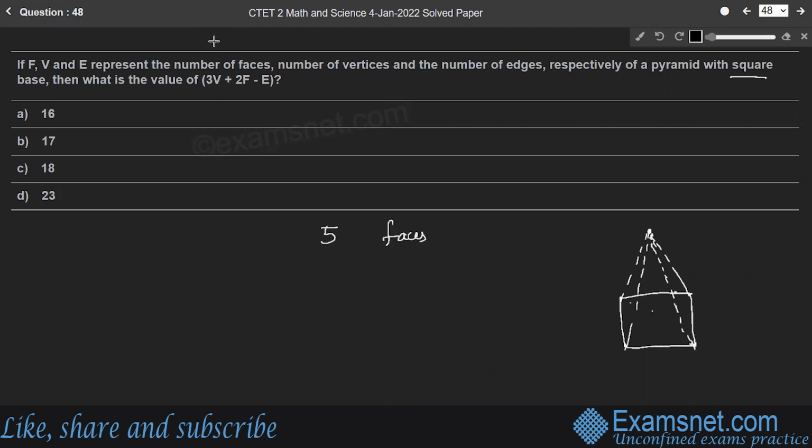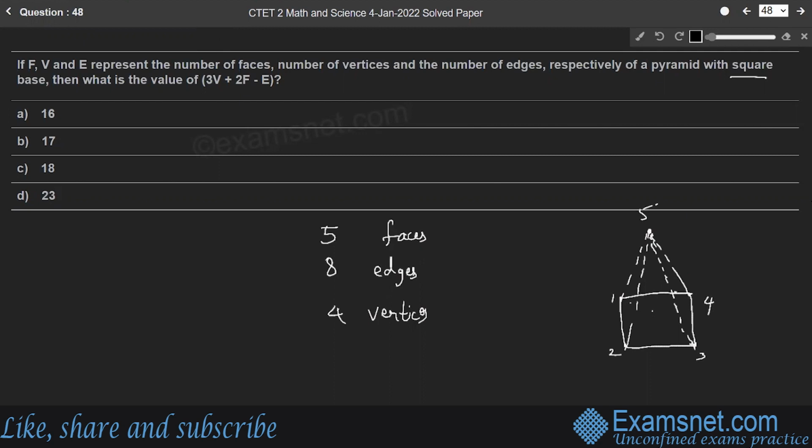It has 8 edges and 5 vertices. That means here 1, 2, 3, 4 and 5 at the top. Right?